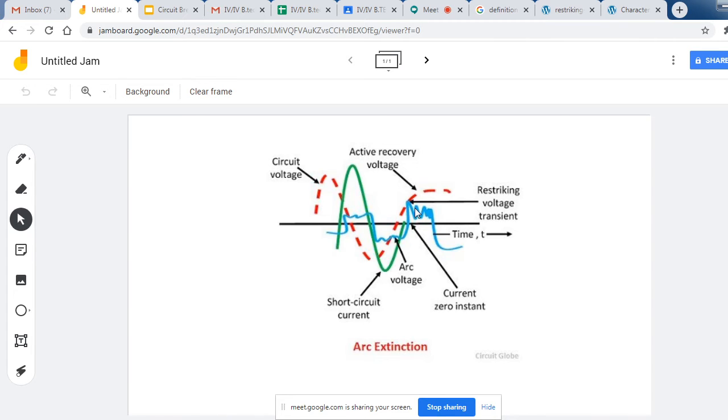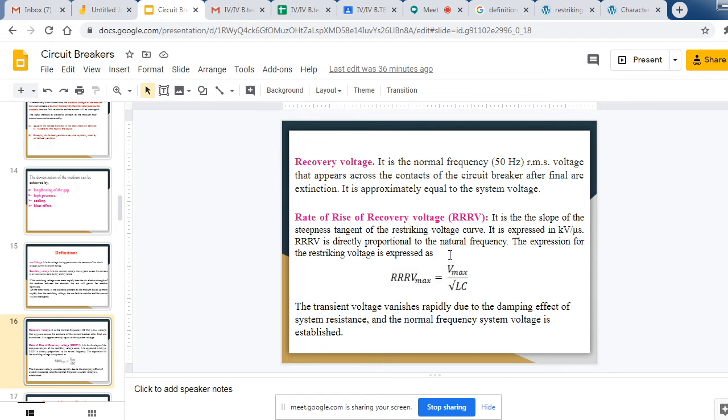This transient voltage will vanish due to the damping circuit. So what is the damping effect? The resistance, inductance and capacitance. Due to that damping effect, the transient in the restriking voltage vanishes rapidly.